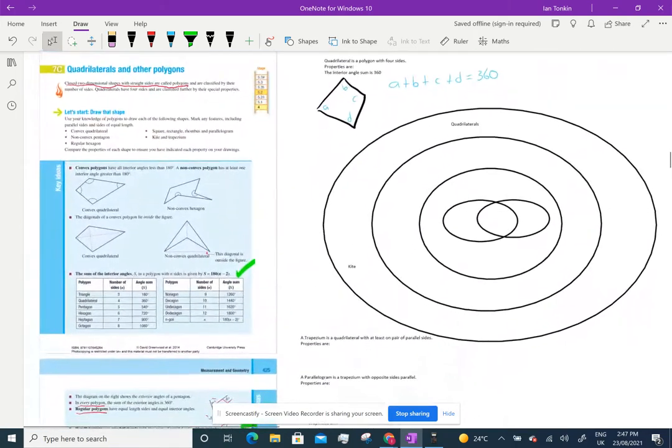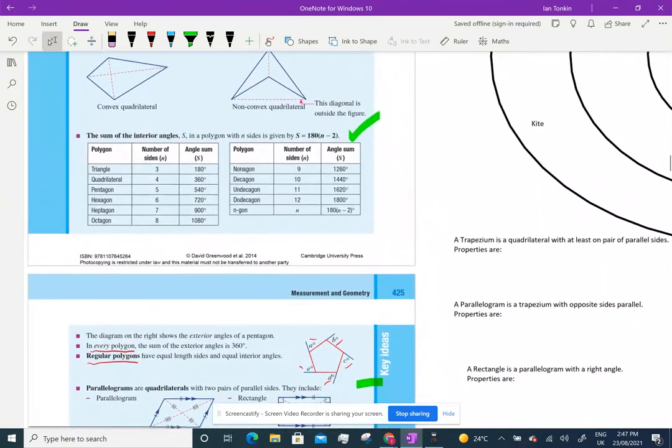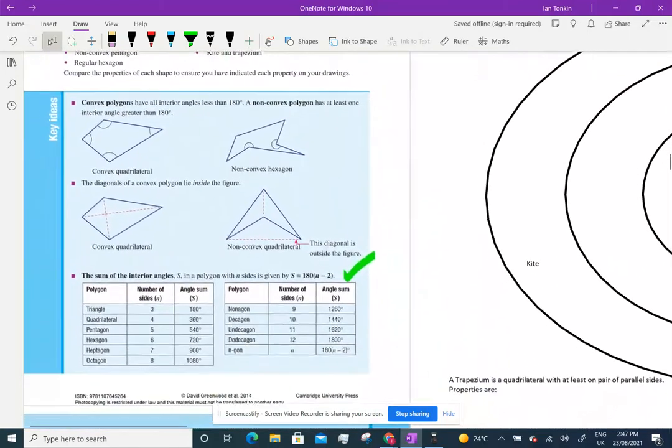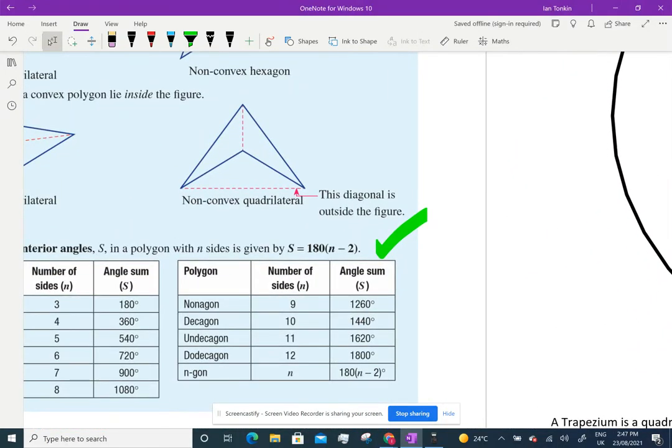And that is what this formula is. It's 180, which is 1 triangle, times 2 less than the sides of the polygon. And that's where that S equals 180(n minus 2) comes from.